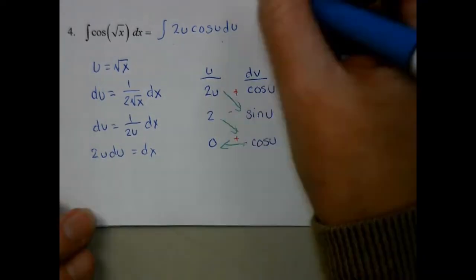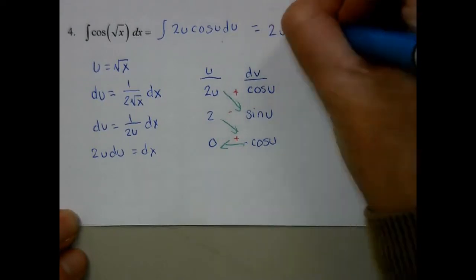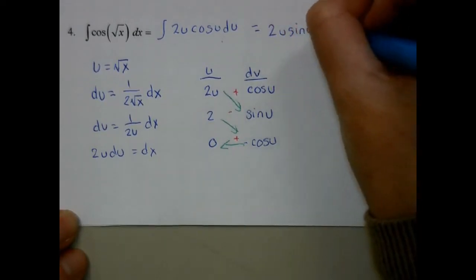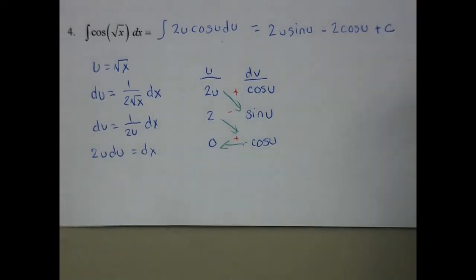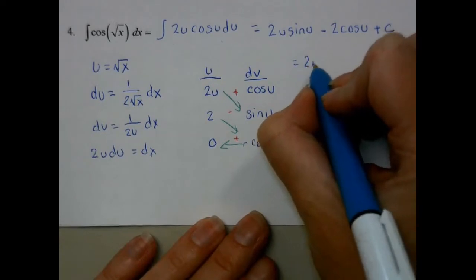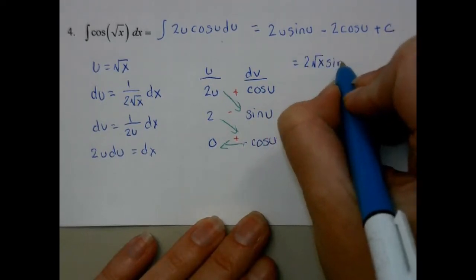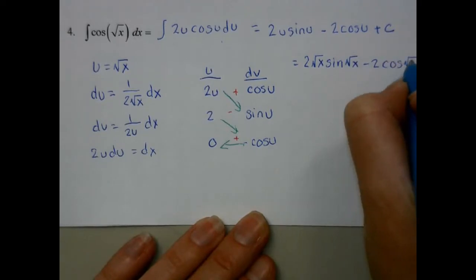So this becomes 2u sine u minus 2 cosine u plus c. And then all of my u's become square roots. So 2 root x sine root x minus 2 cosine root x plus c.